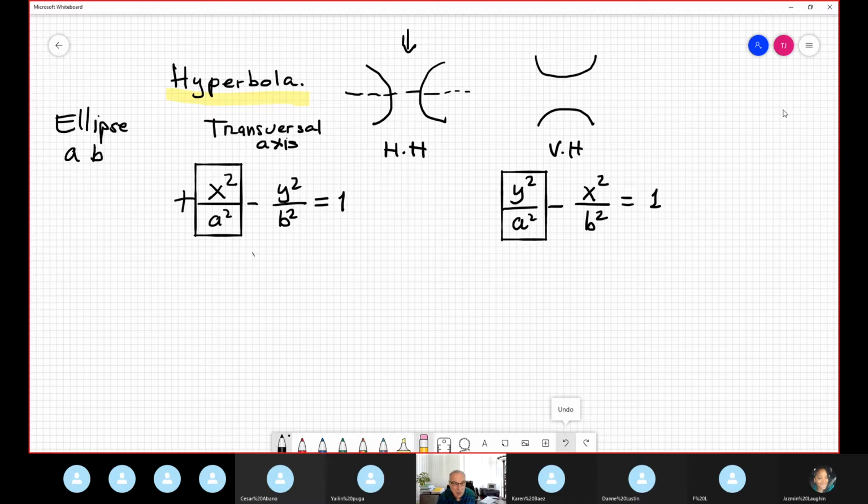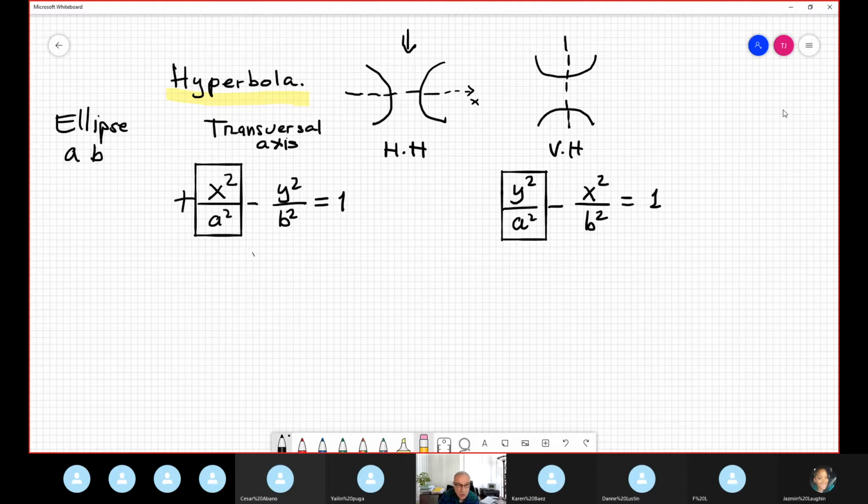So identification: my equation is a horizontal hyperbola because the transversal axis is parallel or coincident with the x-axis. However, in this case, the positive part corresponds with the y. Therefore, my transversal axis is parallel to the y-axis or coincident with it, depending on the situation.